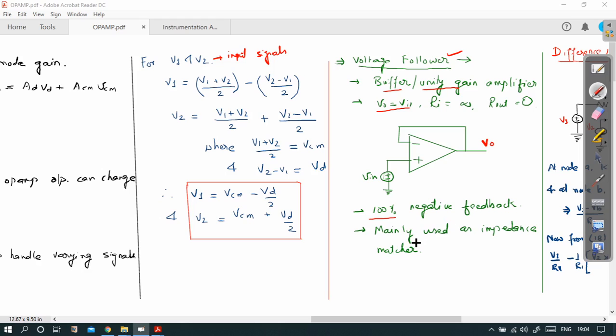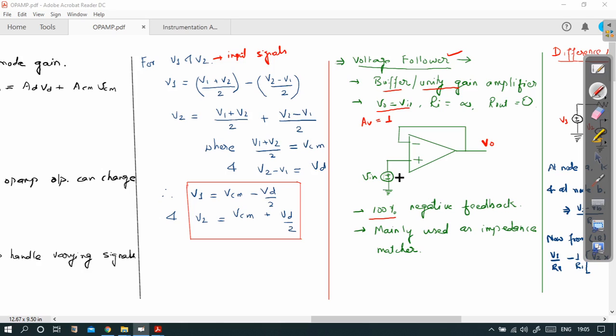We all know that the voltage gain for the buffer is 1, so the output voltage is equal to the input voltage. It is not offering us any voltage gain.